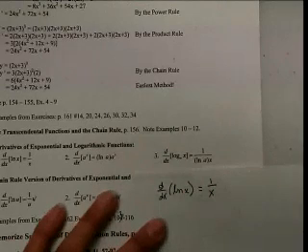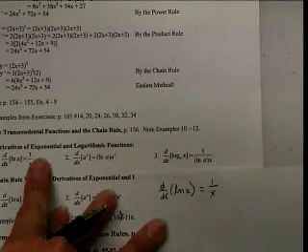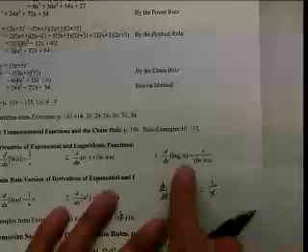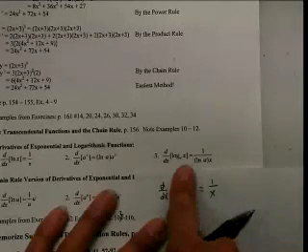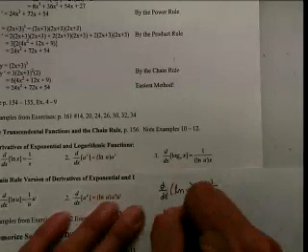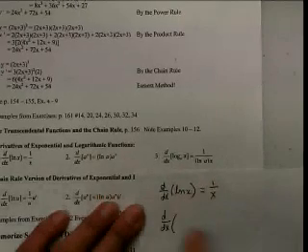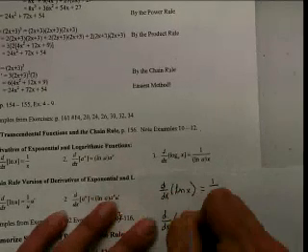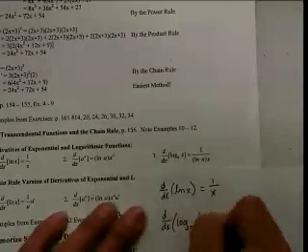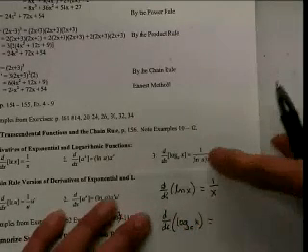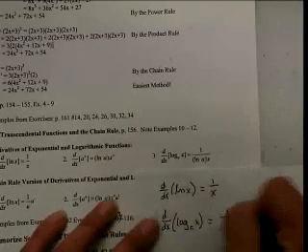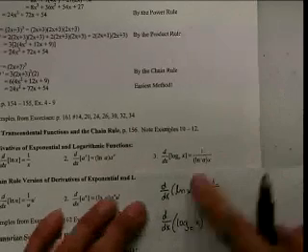Now, what if instead of using this rule, we had used this rule, would we get the same thing? Well, derivative of natural log of x, I'd have to think of that natural log of x as log base what? e of x. And according to this rule, I would have 1 over x times the natural log of what?